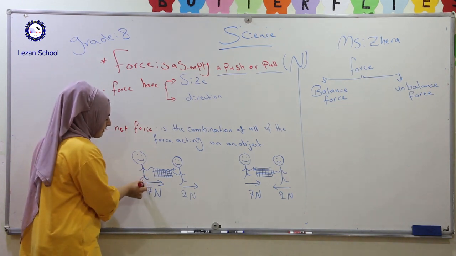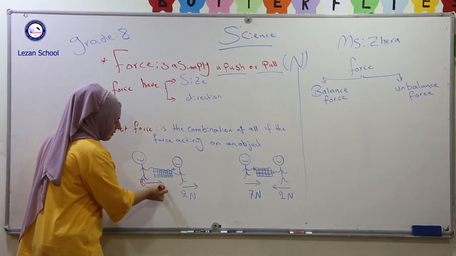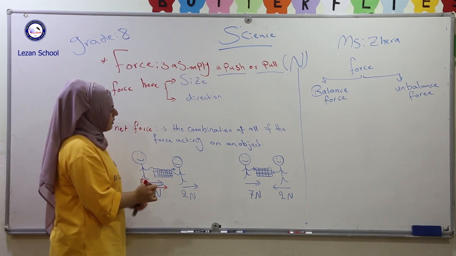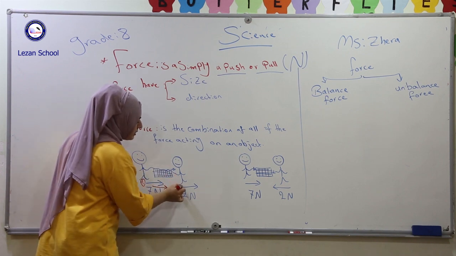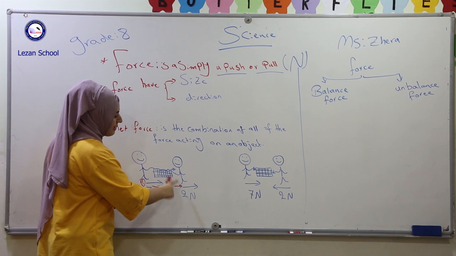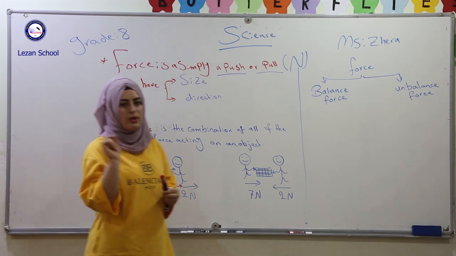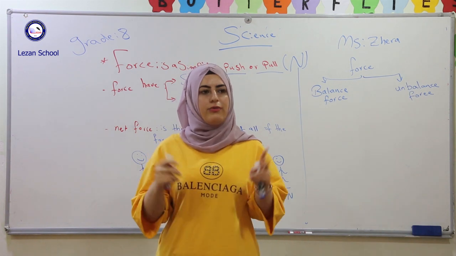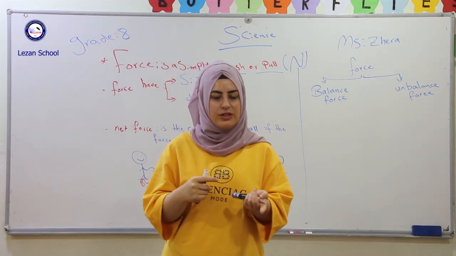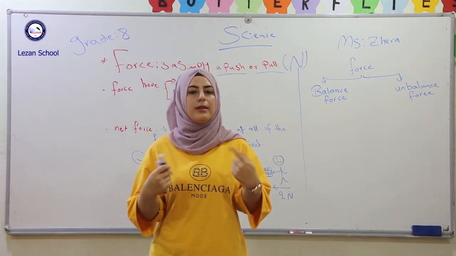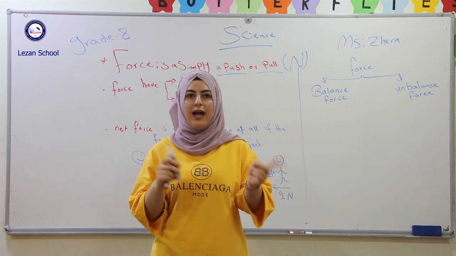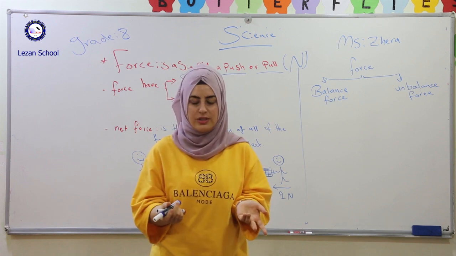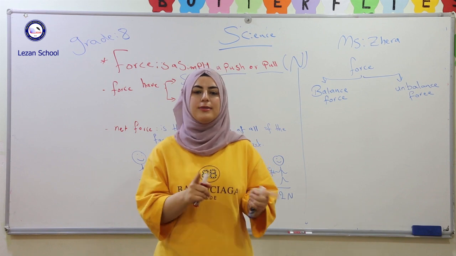The first boy has 7 newtons in this direction, and the second boy has 2 newtons in this direction. They have the same direction. If we have two forces in the same direction, we add them. But if we have two forces in different directions, we subtract them.